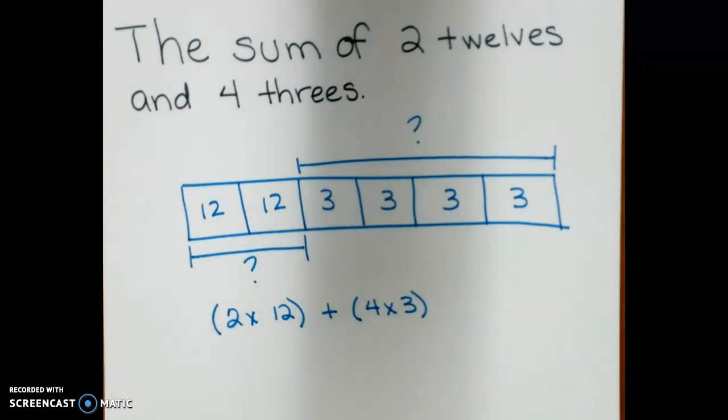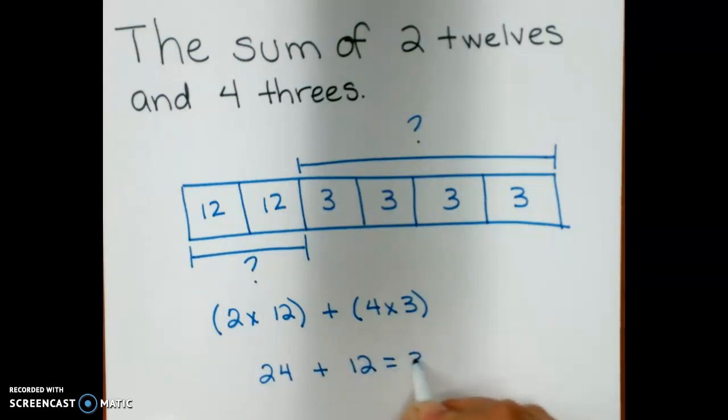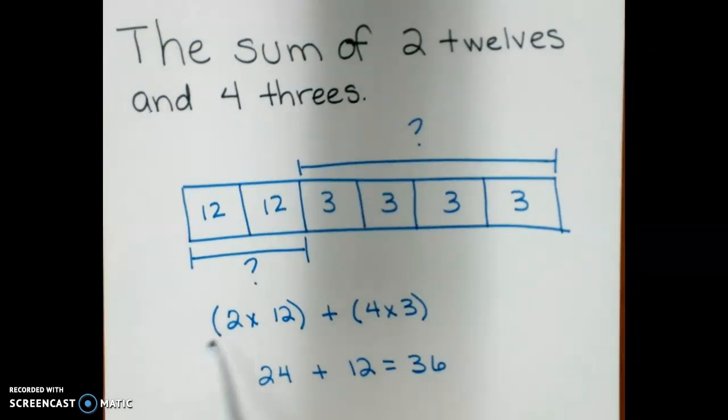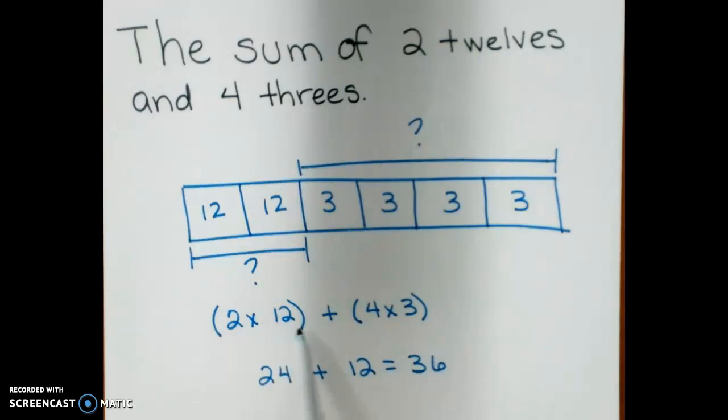And now I can evaluate it. 12 times 2 is 24, plus 4 times 3 is 12, and that equals 36. The hardest part of this whole thing is figuring out what to put in our expression. So I had 2 12s, 2 times 12, 4 3s, 4 times 3.